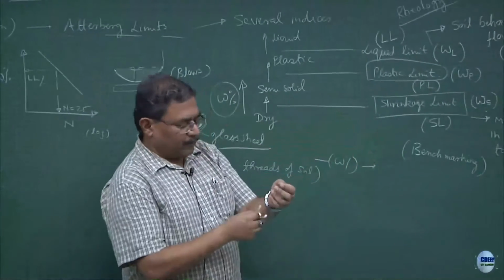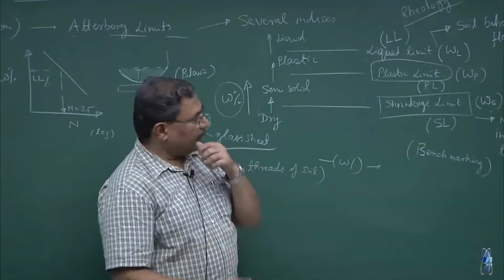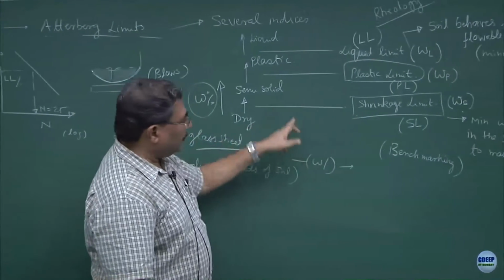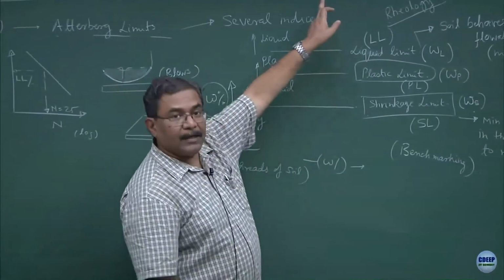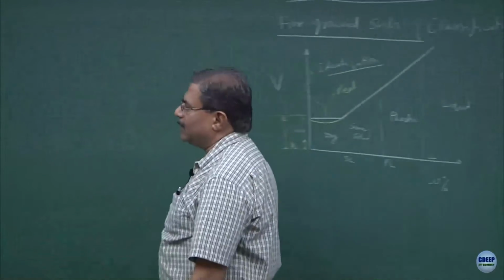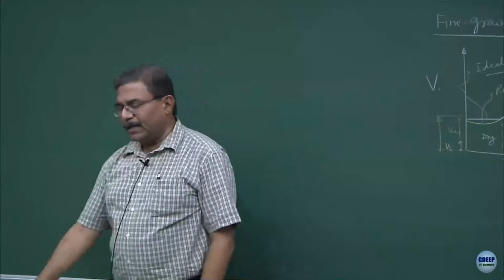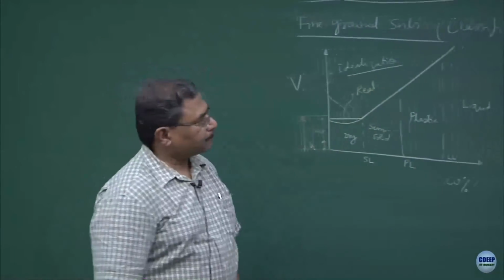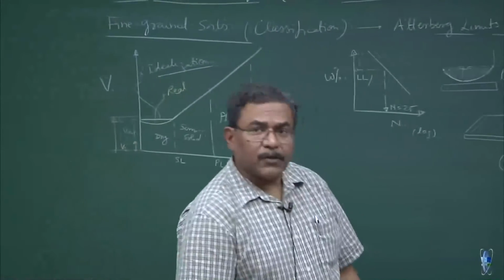And some time back, if you remember, I had said that soil is a funny material. It can behave like a solid and it can behave like a liquid material. So both the laws are valid. I can use solid mechanics, I can use fluid mechanics to model the state of the material. Is this okay? Any questions?